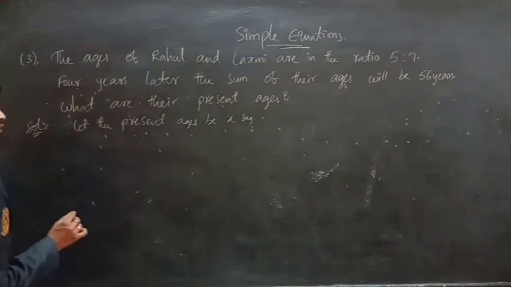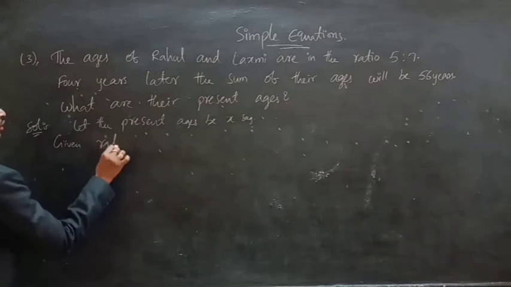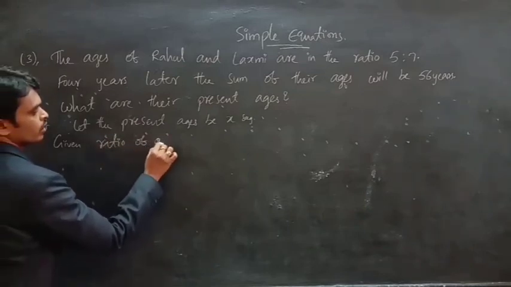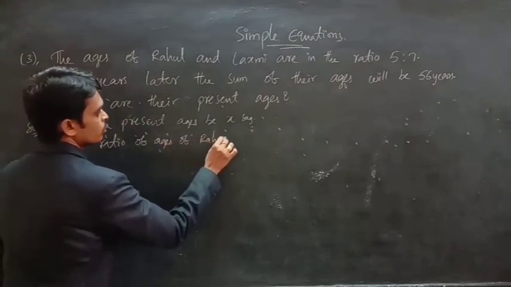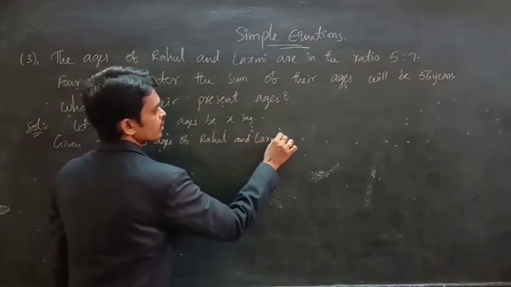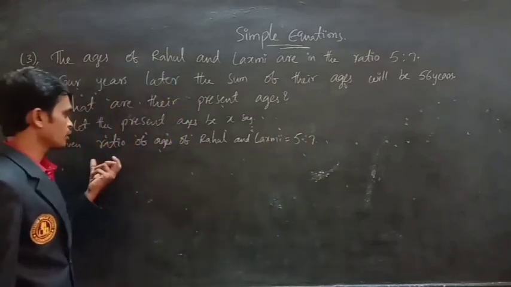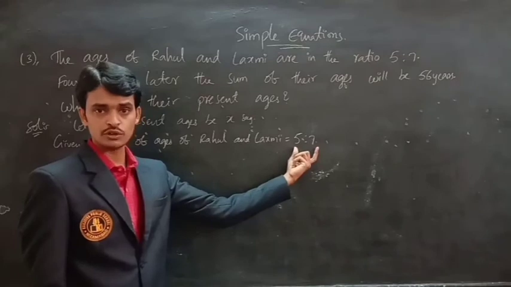So now the given ratio of ages of Rahul and Lakshmi is 5:7.